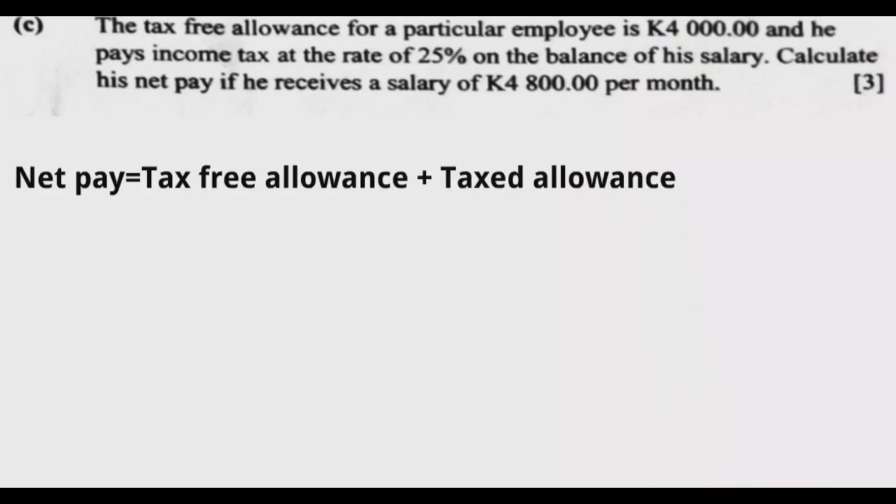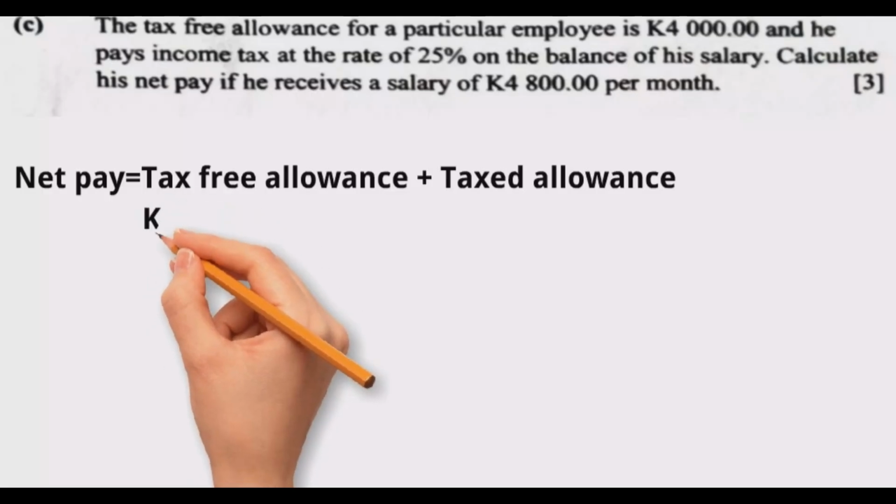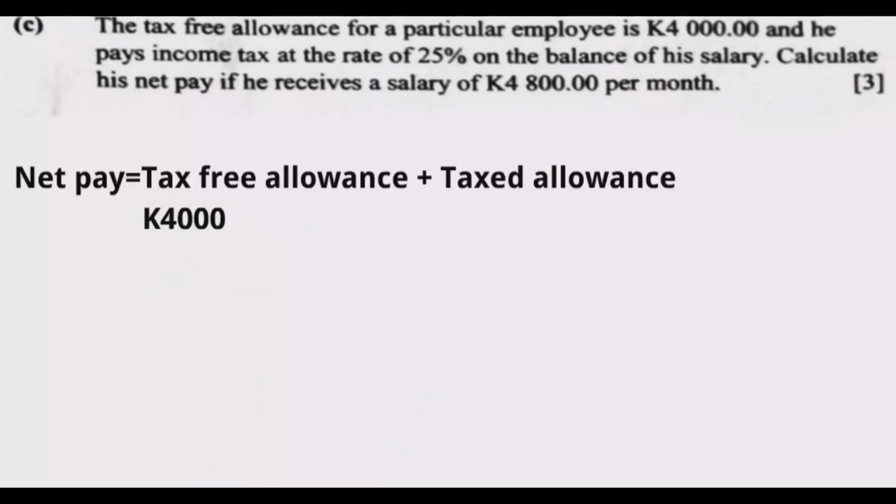This can also be tax-free salary plus taxed salary. The amount we are told they don't deduct tax from is 4,000. That is the threshold. So we write 4,000 plus open bracket.